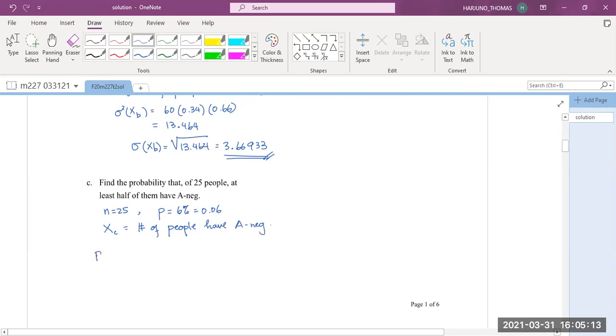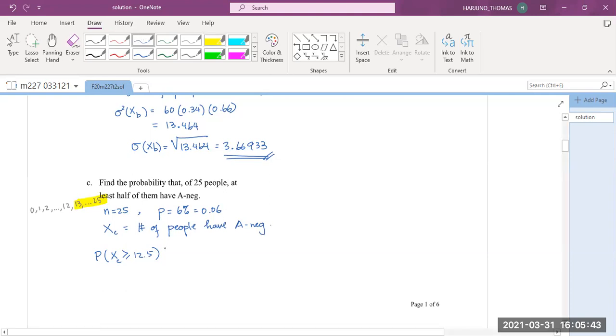Then the probability that at least half of them, half of 25 is 12.5, right? If you look at the list from 0, 1 all the way to 12, 13, all the way to 25, then at least 12.5 actually starts from 13.